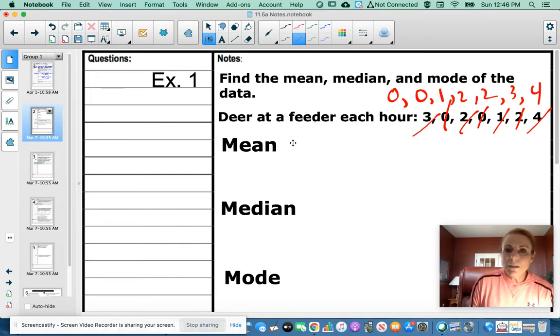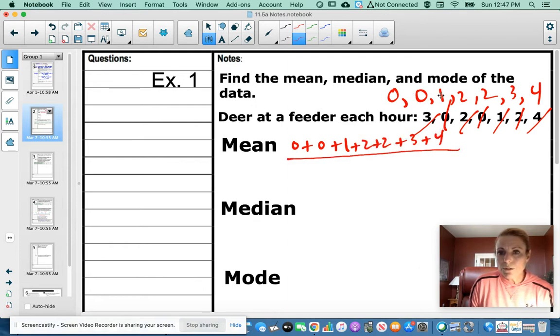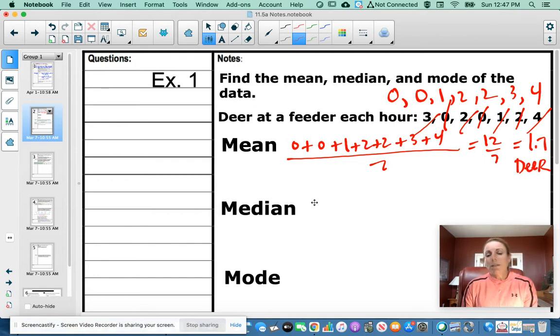To find the mean, we're just going to add everything together and divide by the total number. 1, 2, 3, 4, 5, 6, 7. And when we do that, we get 12 over 7, which is 1.7 deer. So how many deer at a feeder each hour? On average it is about 1.7 deer.